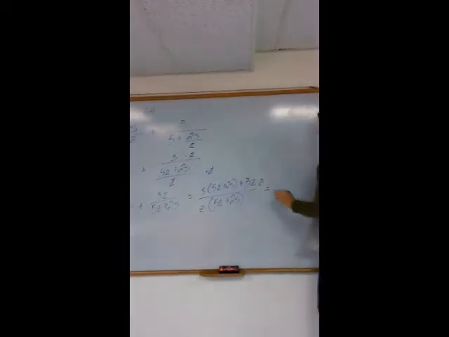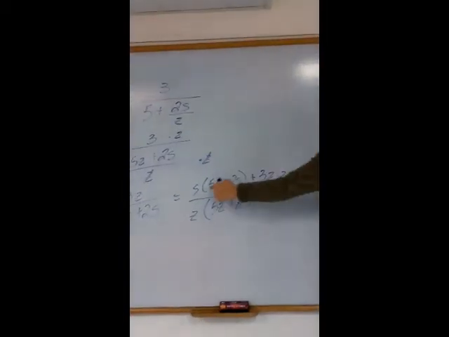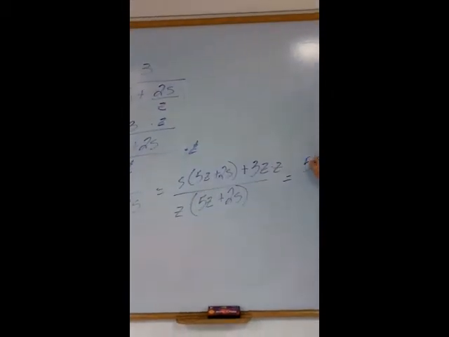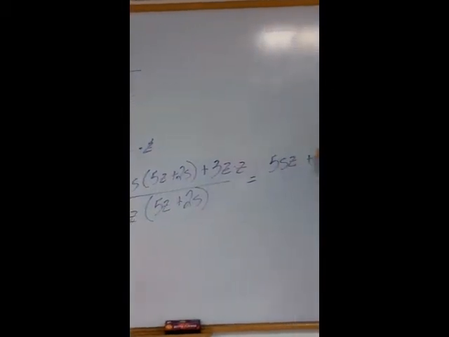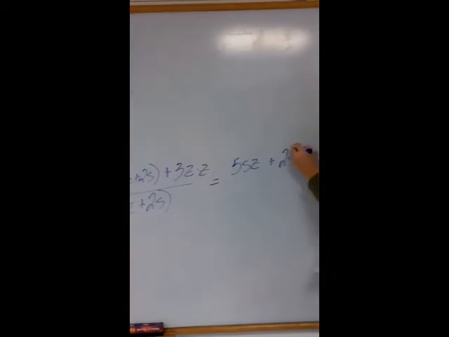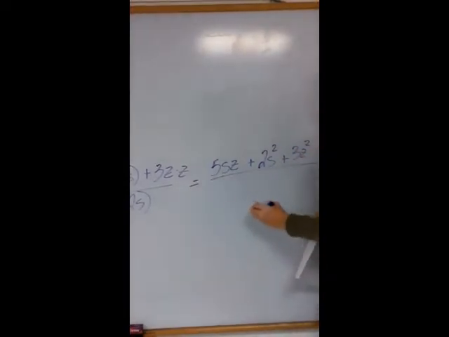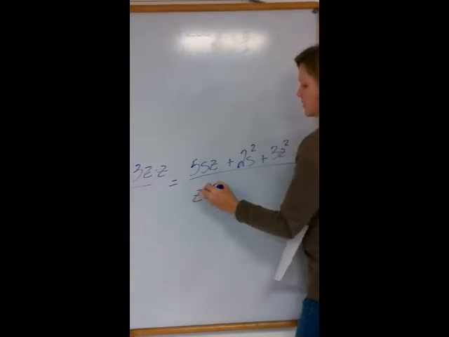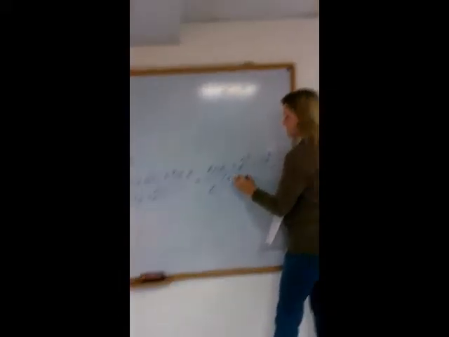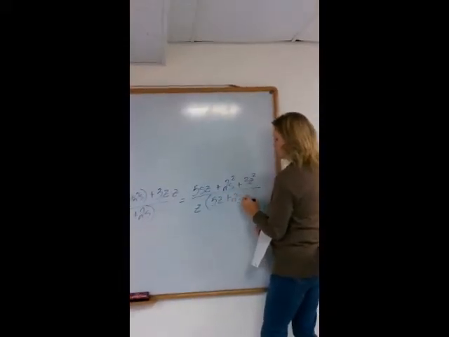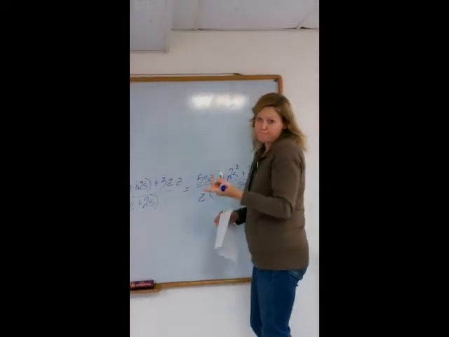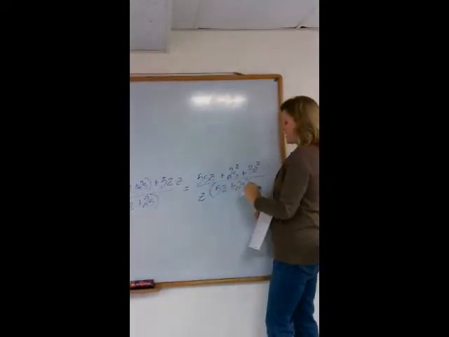And then we'll just multiply out the numerator. So we have 5sz plus 2s squared plus 3z squared. And for some reason, most of the time in your book, they don't multiply out the denominator. They do multiply out the top, but not the bottom. So we can do that, and that'll be our final answer.